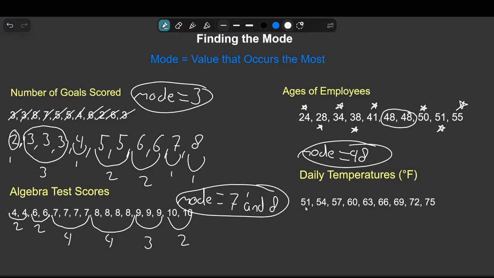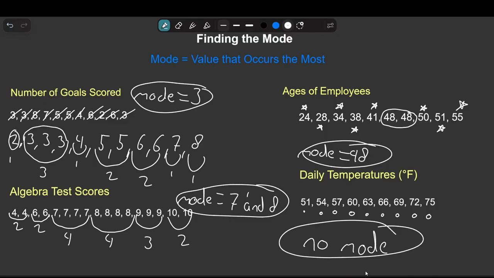If the value only occurs one time, we're just going to mark it up with a dot underneath it, like this. 51, 1, 57 also once, 60 is also once, 63 is also once, 66 also, yes, they all occur one time. So for the daily temperatures, we have no mode.